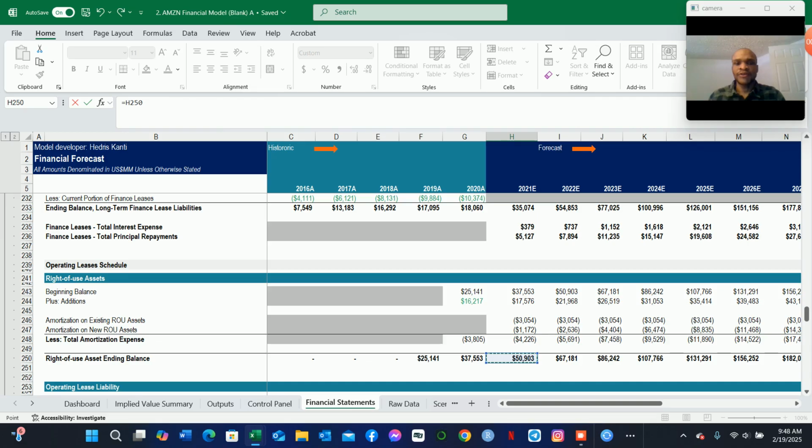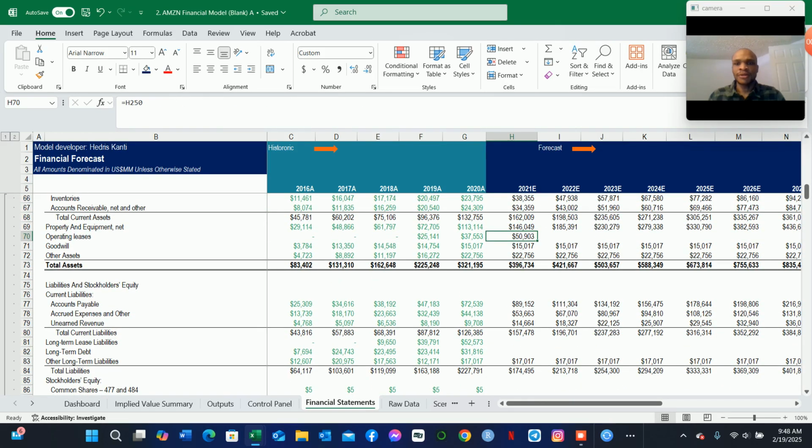We can grab that operating lease right of use of assets and include it on the balance sheet. Remember that these operating leases only came into the balance sheet for US GAAP companies in the year 2019. Prior to that, US GAAP companies followed the income statement approach to operating lease accounting.